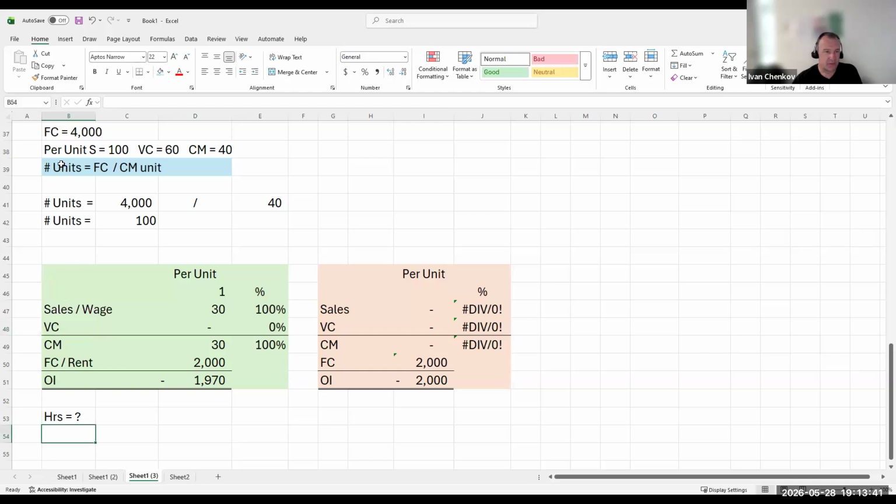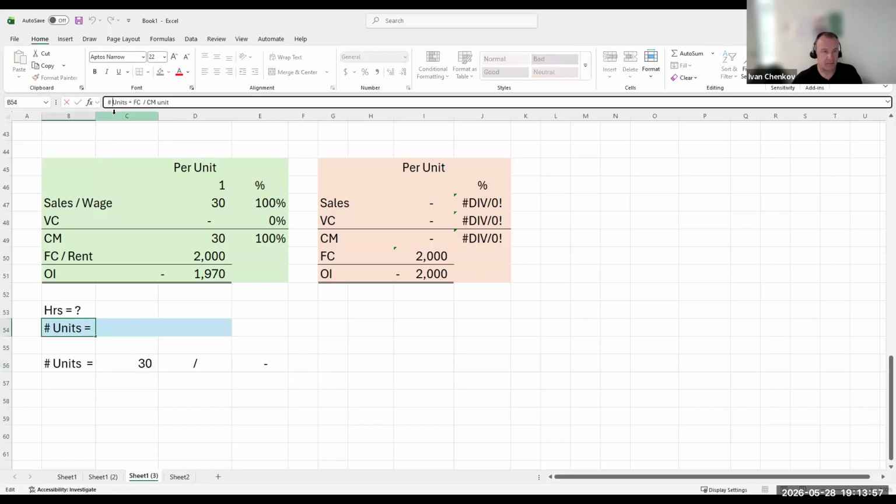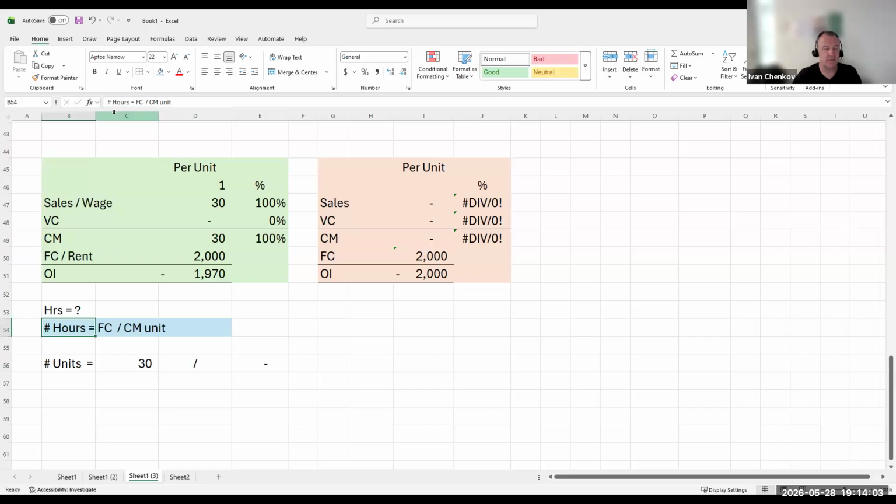So let's run the formula and see what's going to happen. The number of units, or number of hours in this case, that you need to work should be equal to the fixed cost, which is your rent expense, divided by contribution margin per unit, which is directly your wage.